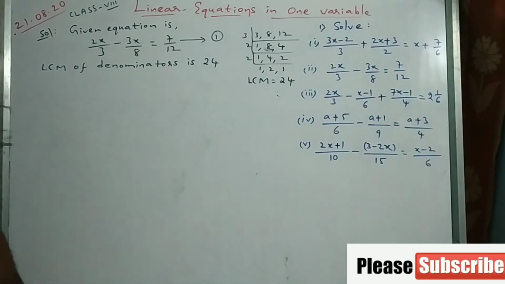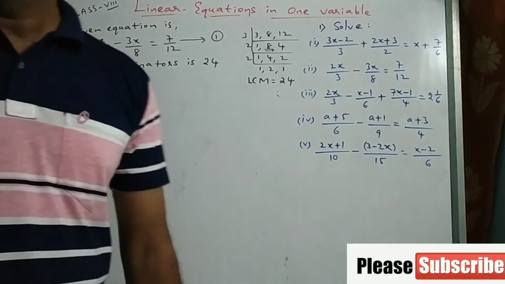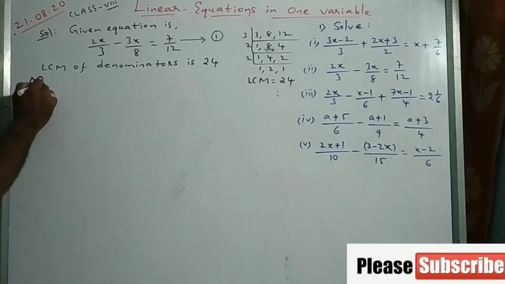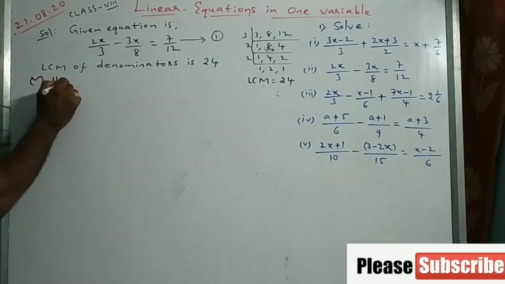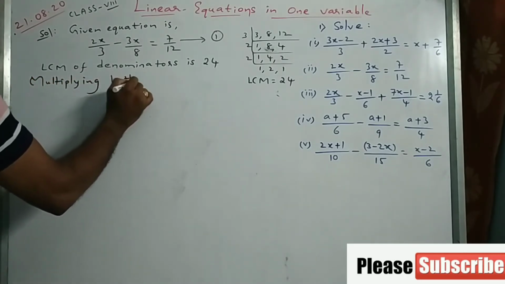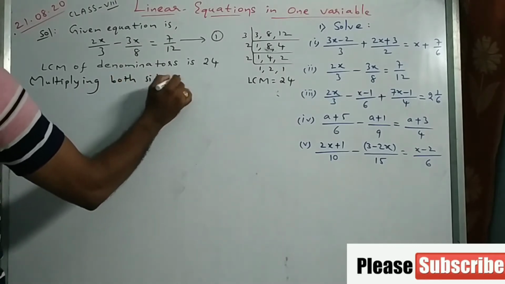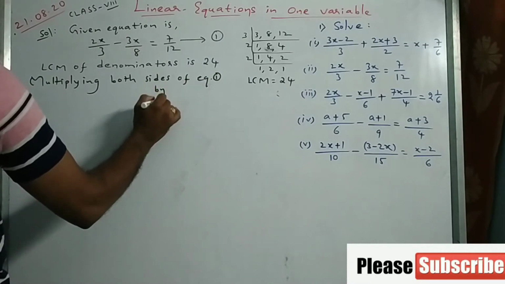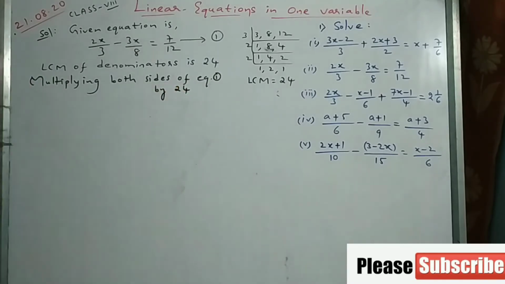As I told you, after getting the LCM, multiply the first equation by that LCM. Multiplying both sides of equation 1 by 24, that LCM.